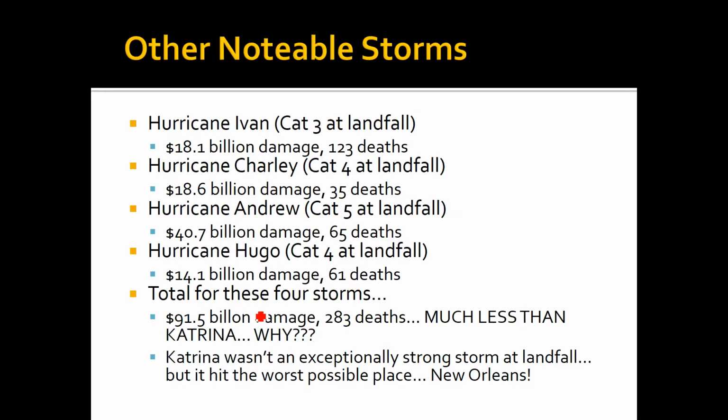Well, it was because Katrina hit a particularly vulnerable location. Not so much because it was an exceptionally strong storm, though it was at its peak. It's because of where it hit. New Orleans. If you know anything about the geography, New Orleans is below sea level.